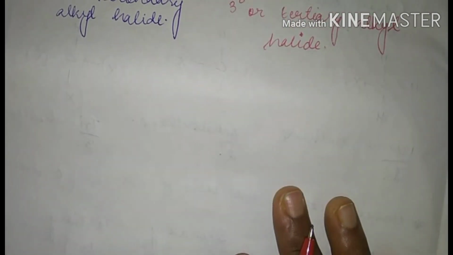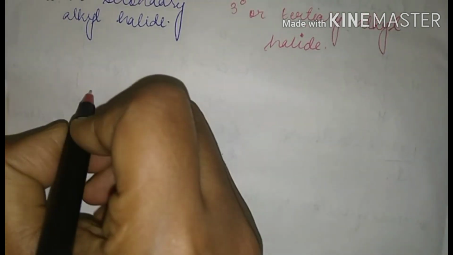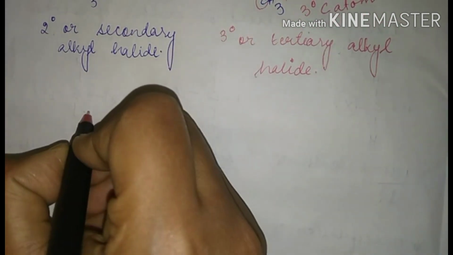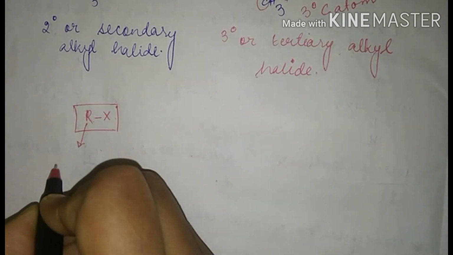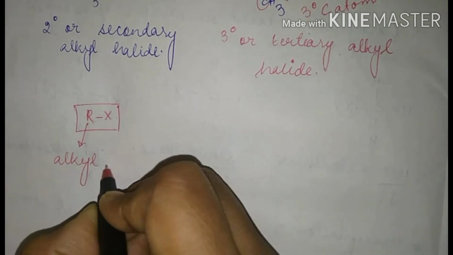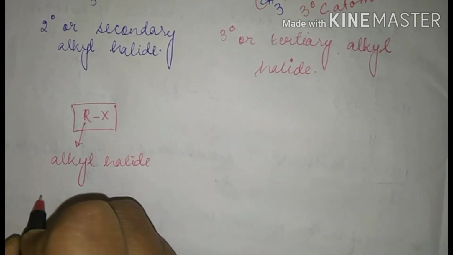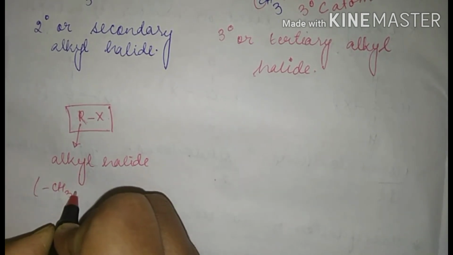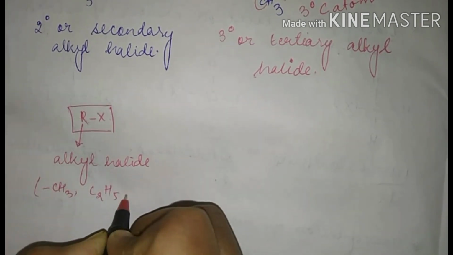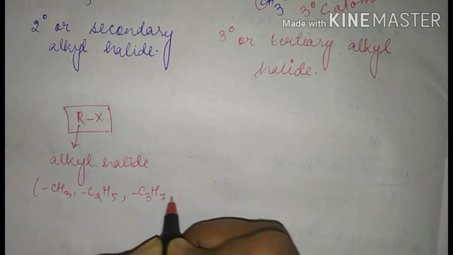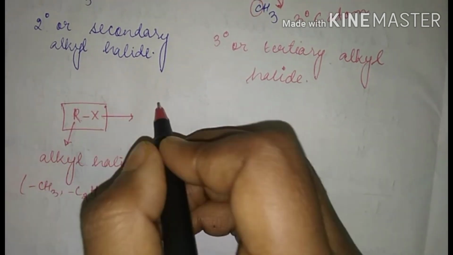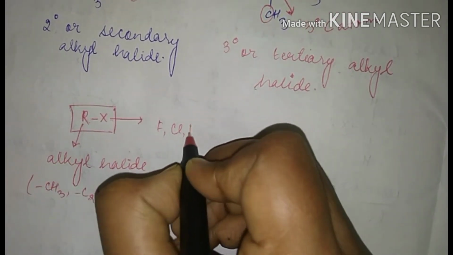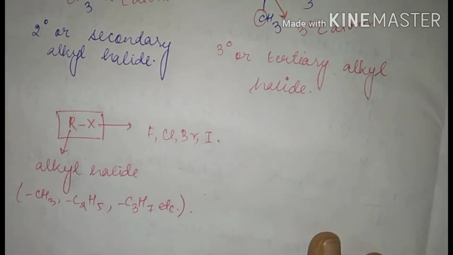So now taking the general formula of alkyl halides, we know the formula of alkyl halides is RX, in which R is any alkyl group. It can be methyl, ethyl, propyl, etc. And the halogen, that is the X group, can be fluorine, chlorine, bromine, and iodine.